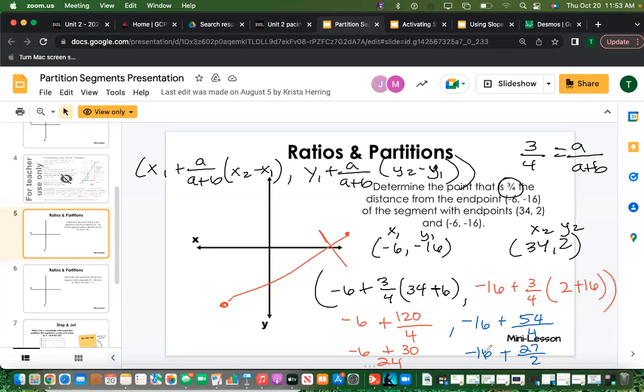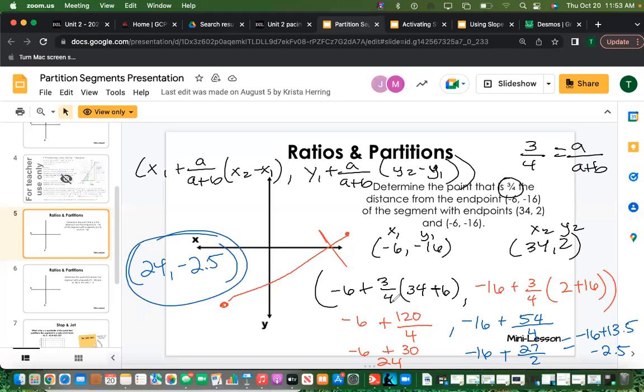It's 13.5, and then we add negative 16 to it. Negative 16 plus 13.5 is negative 2.5. So our final point is going to be 24 comma negative 2.5.